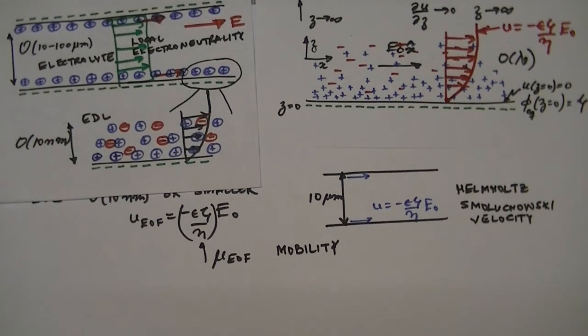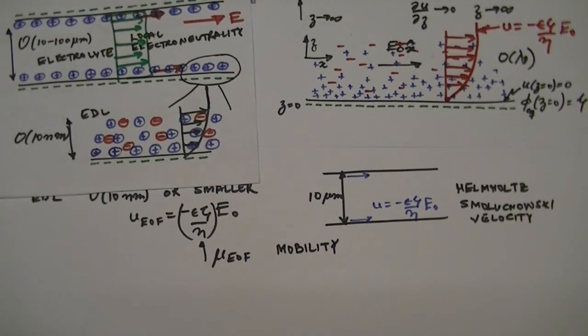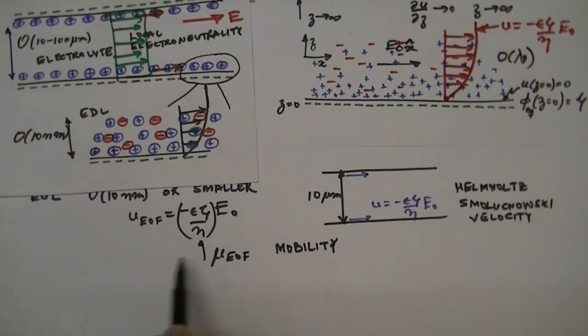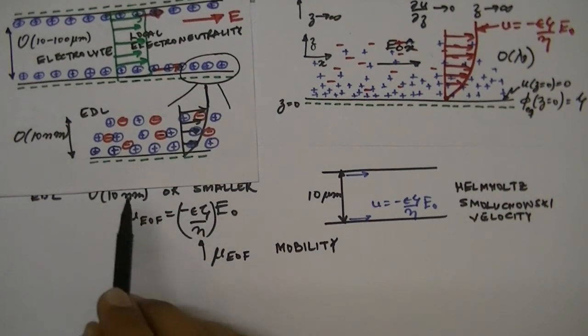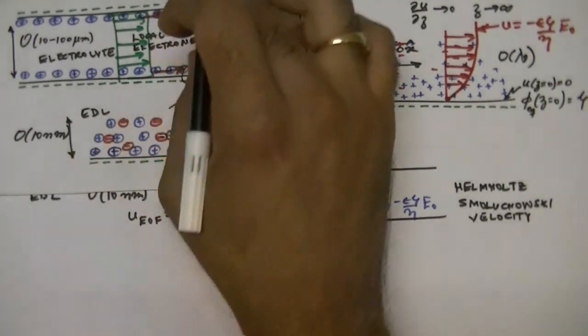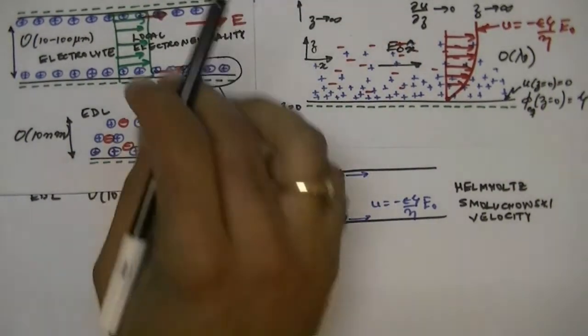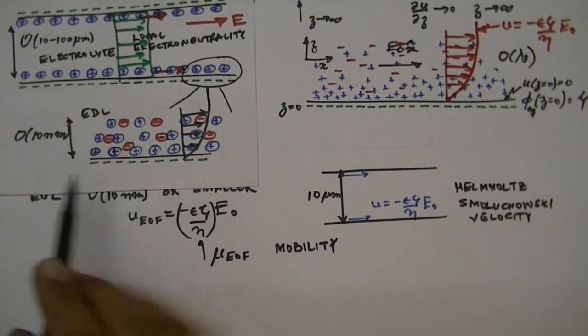Now what's interesting is that unlike pressure driven flow, which depends upon the dimensions of the channel, the electro-osmotic flow does not depend upon the channel dimensions. That means, as we have seen for pressure driven flow, when you reduce the size of the channel, the hydraulic resistance increases, and therefore you need higher pressure to pump in the liquid.